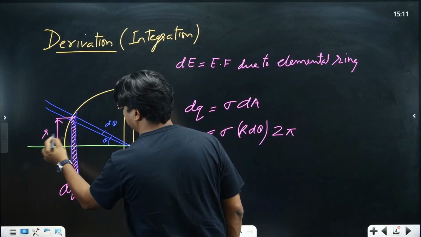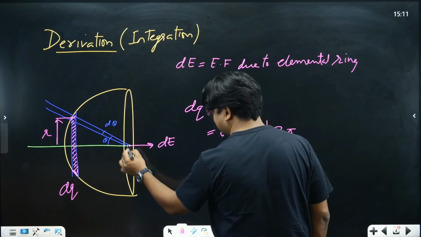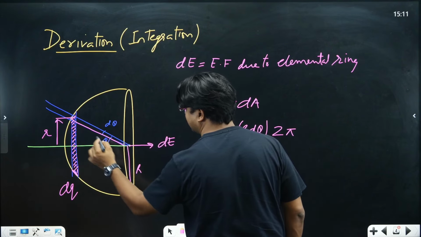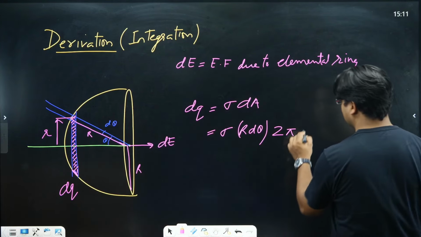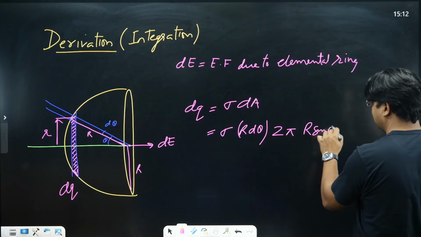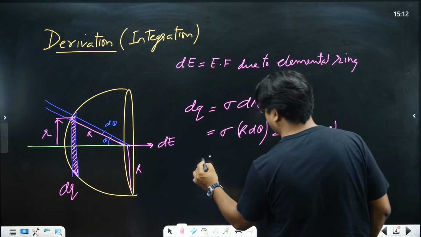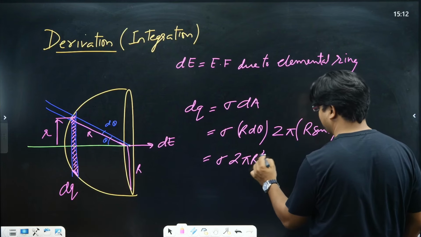Capital R is this radius, so this distance is also capital R. So small r will be capital R sine theta, giving 2 pi R sine theta. That gives us dq. So dq is sigma into 2 pi R square.